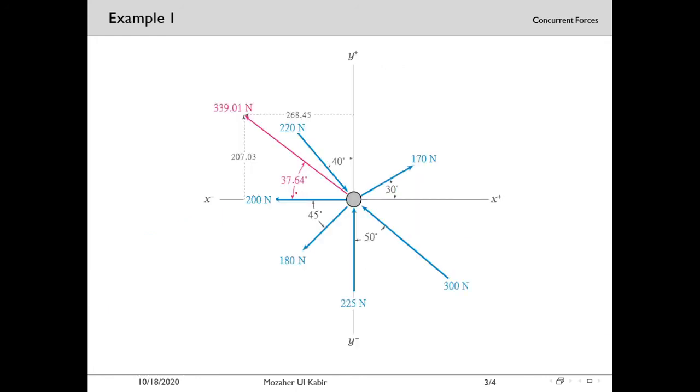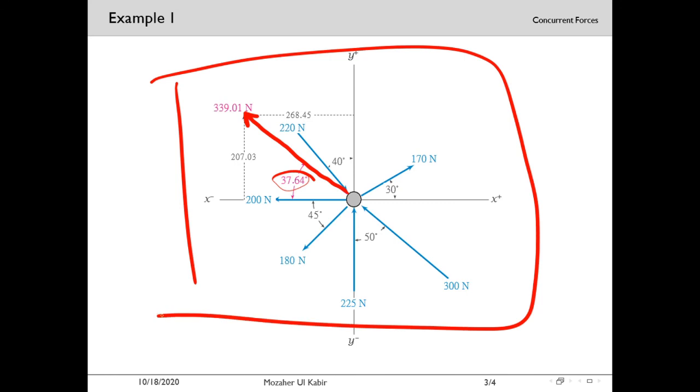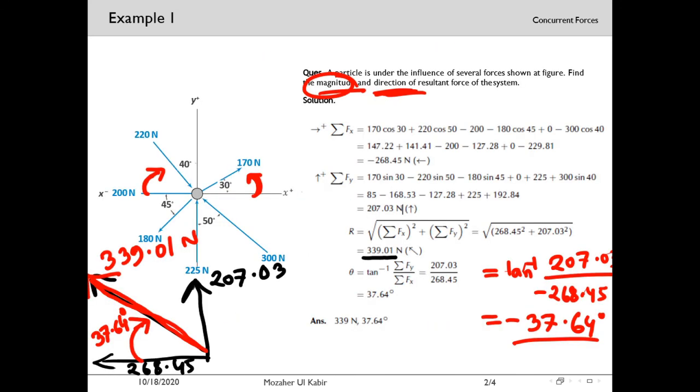Here is our answer. You can see this angle 37.64. Here is our resultant force. We need to draw this figure at last, or else we can just conclude using this figure.